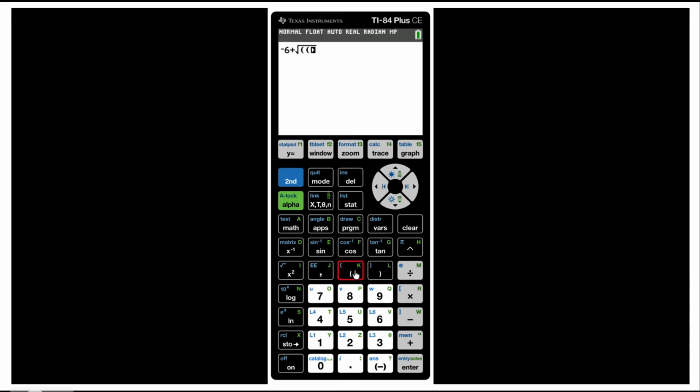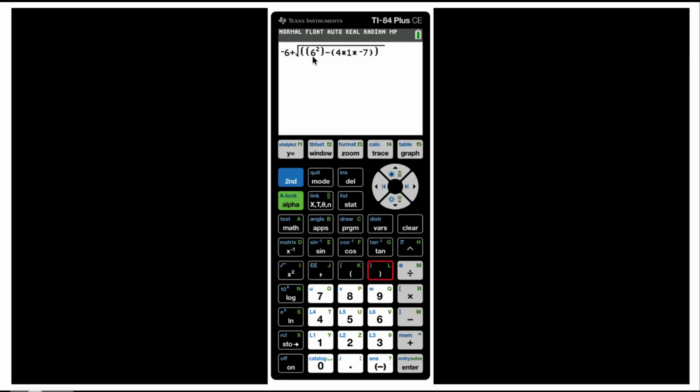So the first one is b squared. So we're going to have 6 squared, close parentheses, minus, open parentheses, 4 times a, which is 1, times c, which is negative 7, closed parentheses, and then another set of closed parentheses for the whole set of operations. So we'll have open parentheses at the front and a closed parentheses at the end.